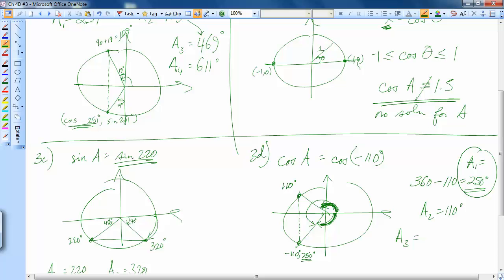So A3, if I do 250 plus 360, I'm going to get 610. And if I do A4, this one plus 360, I'll get 450. No, I'm sorry, I messed that up. 470. And 610 is right, yeah. Okay, so these are your 4 answers there.